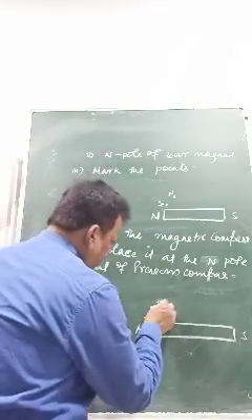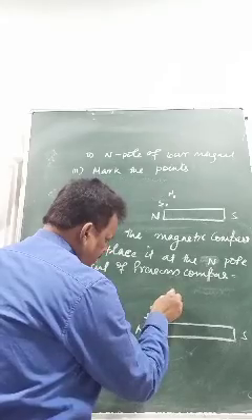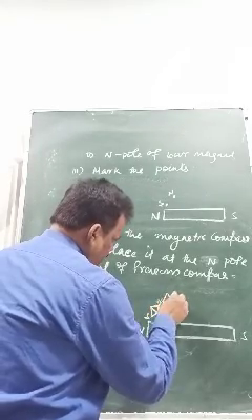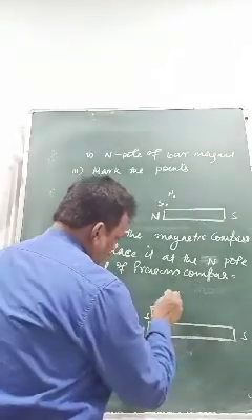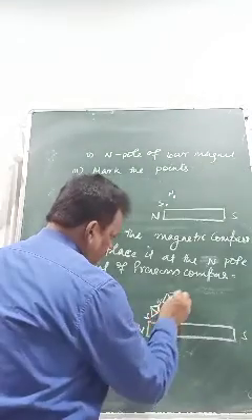So that means you place here, then what you get? You get here another magnet that is showing this will be south, this will be north.